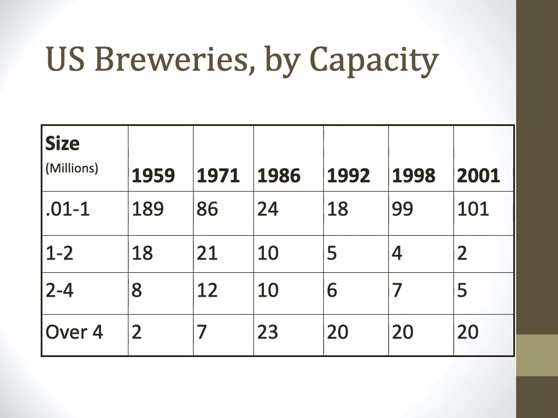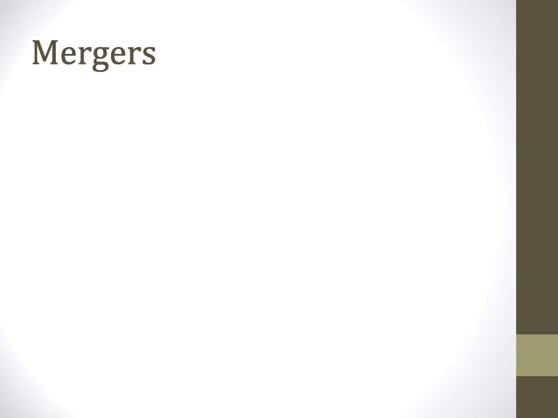So eventually, the U.S. industry became dominated by 3 big brewers, with Anheuser-Busch being the biggest. Now, unlike some other industries, mergers played a very small role in the consolidation or concentration of the beer industry. And some of this has to do with antitrust law.